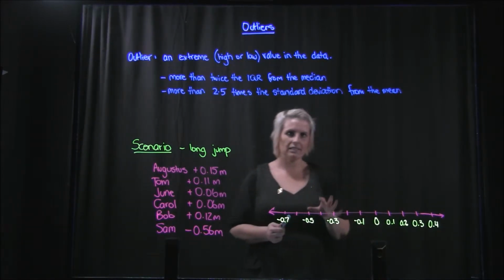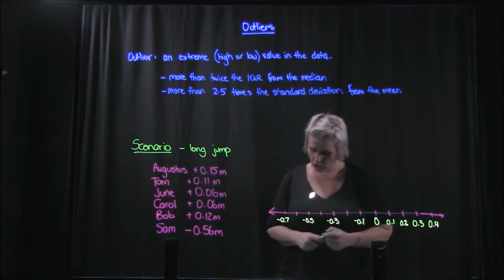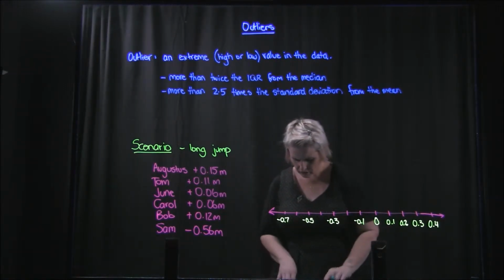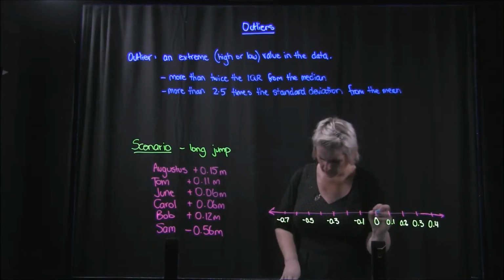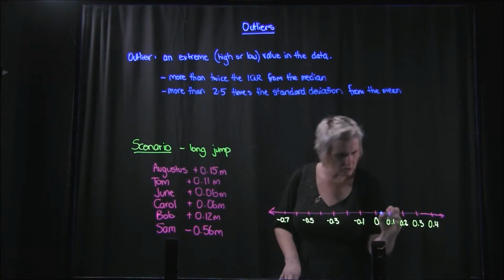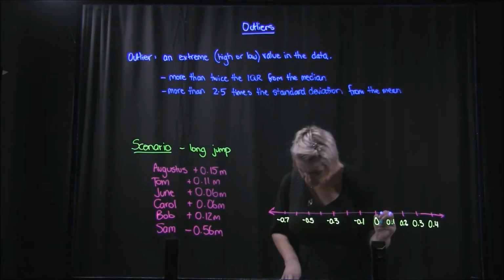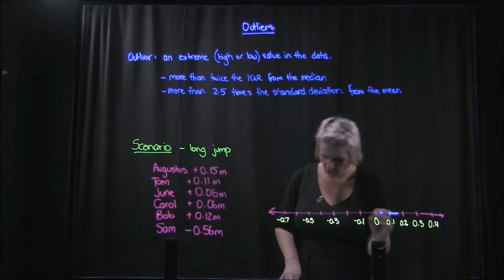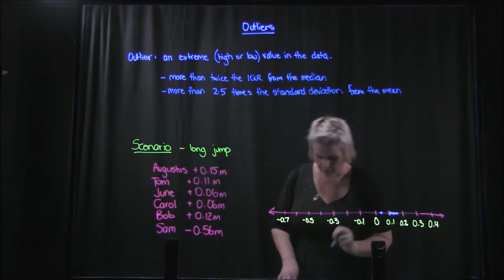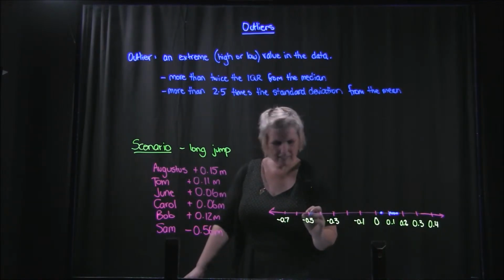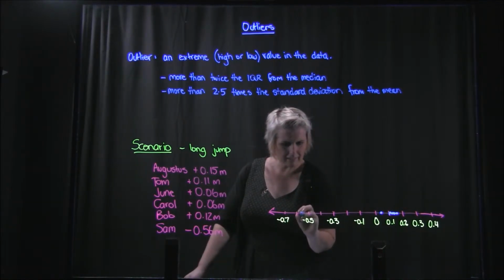Normally you would expect the mean to sit within the middle of the data. If I put this over here, they're kind of clustered around here, all in and around together there. And then I've got little Sam all down here.